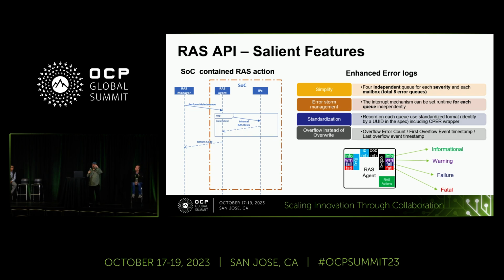You just need to say, do PPR at this address, right? Why sometimes do we have 16 instructions, 20 instructions to do that? We should just have one instruction that says, I want to do PPR at this address. And if we all say that, then how that gets managed inside the SoC is up to the SoC vendor, right? I'll make sure I do a PPR on that address and report back the results, right?